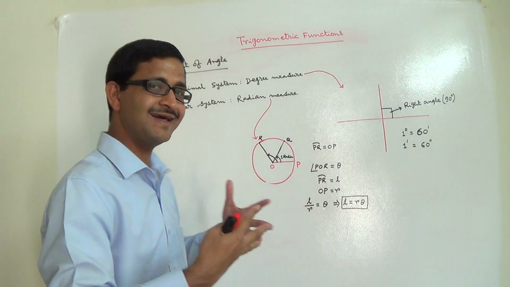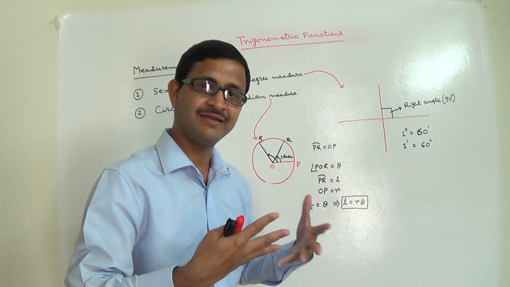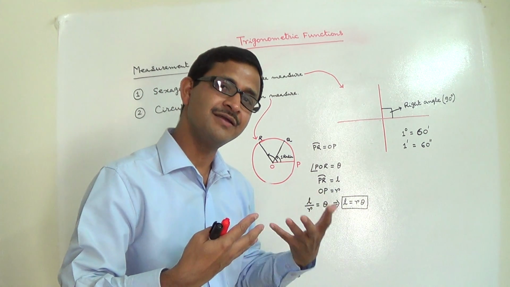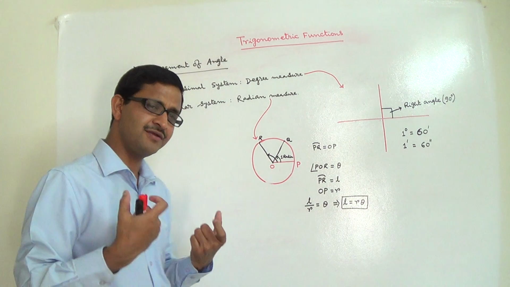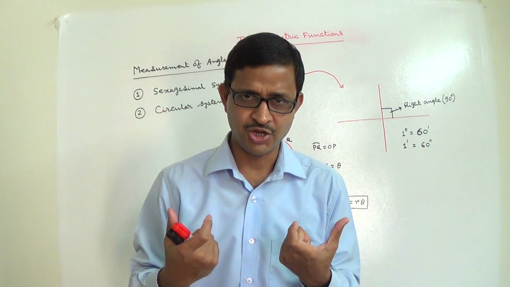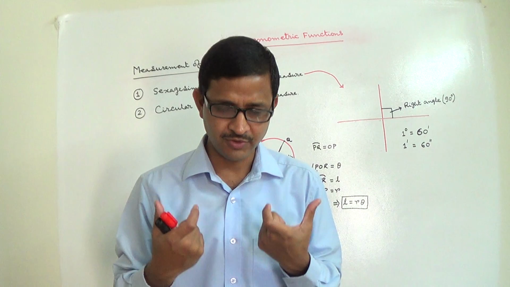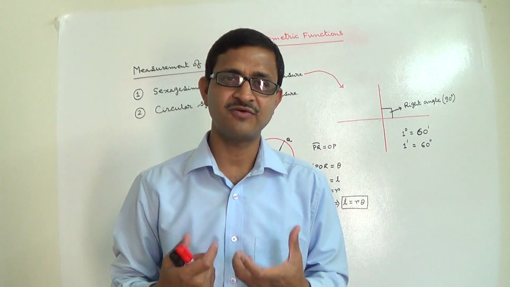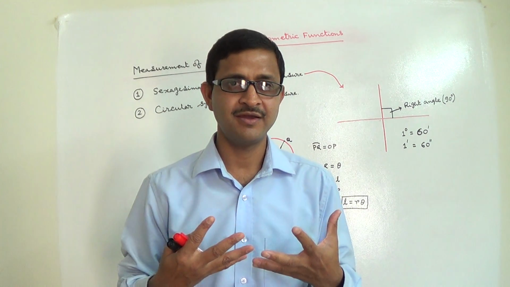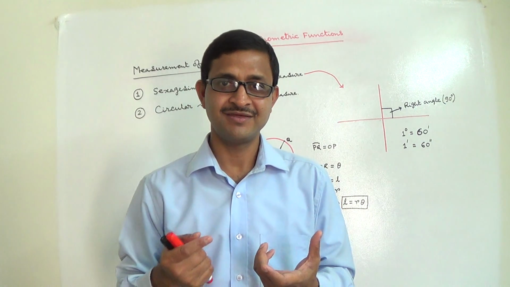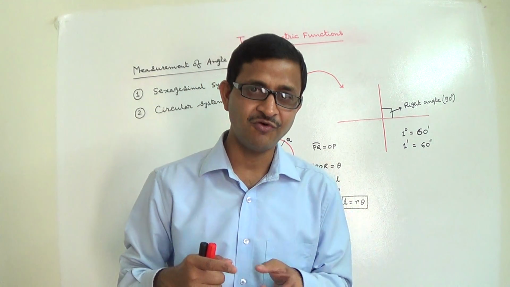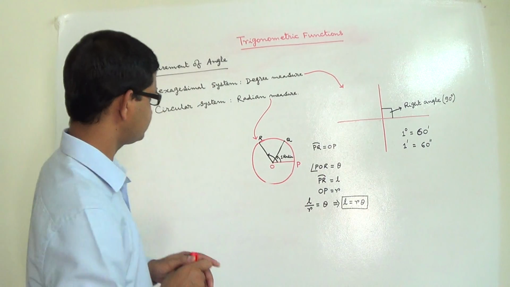Now we will see the relation between the degree measurement and the radian measurement, and we'll find that relationship by means of our very fundamental understanding about the circle, its circumference, and the angle formed and all this stuff. Let's see how.